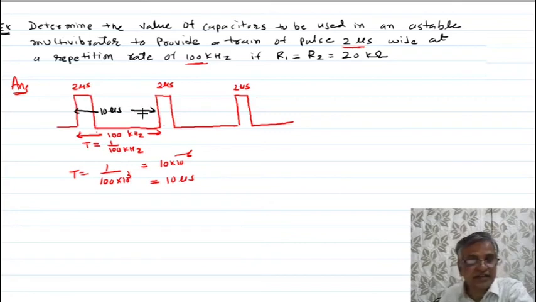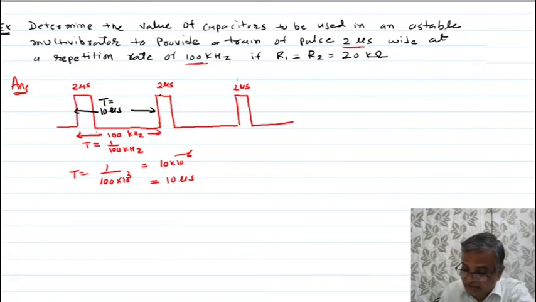At the repetition rate of 100 kilohertz you want to get another pulse. This total width is 10 microseconds. So after this, again at 10 microseconds you want to get 2 microsecond, again 2 microsecond. So this is your T, 10 microsecond.